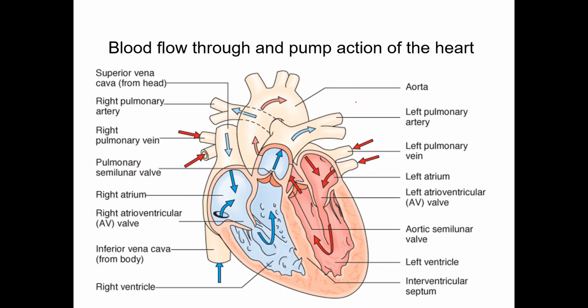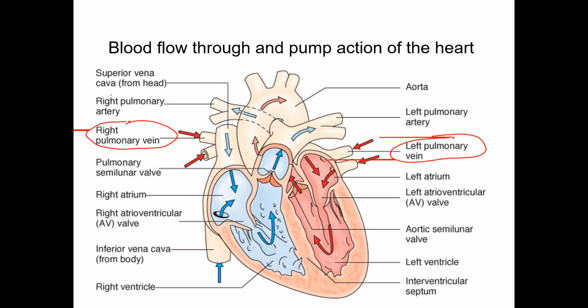Okay, and this is another picture, again, that shows the blood flow. And I like this one because it's more comprehensive. It shows you, for instance, the right and left pulmonary veins. Many other pictures omit one, especially the right one.